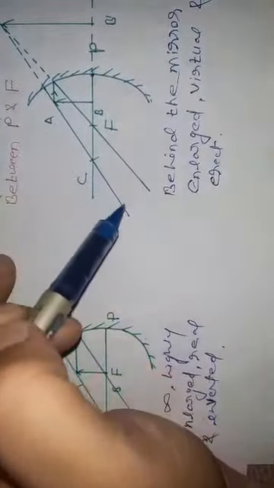If I extend these two rays behind the mirror, we get one intersection point where the image will be formed. So this will be your image. Behind the mirror we get the image, enlarged, virtual and erect. So these are the image formations through the concave mirror.